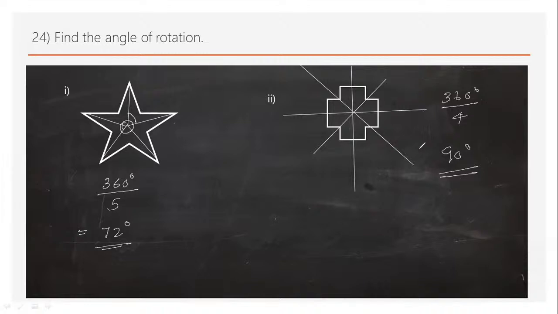The angle of rotation is 90 here. There are 4 axes of symmetry. Here we can divide 360 by 5, then we can get 72 degrees.